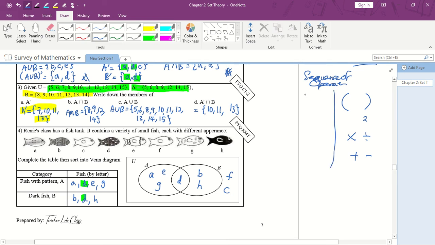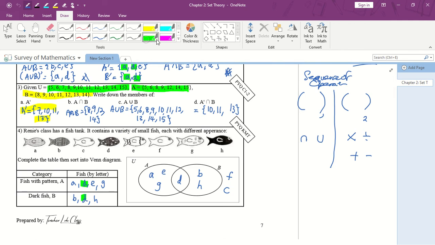We must do the parentheses first, then the complement, or prime, then intersect or union. And for intersect or union, which one we do first depends on which is on the left and which is on the right. We do the left first, then the right. So there is a sequence of operations in sets.